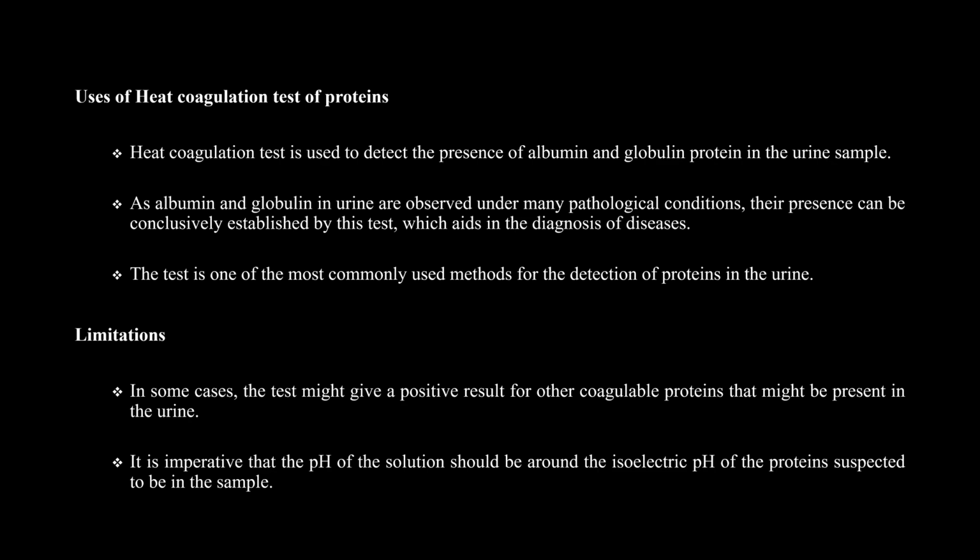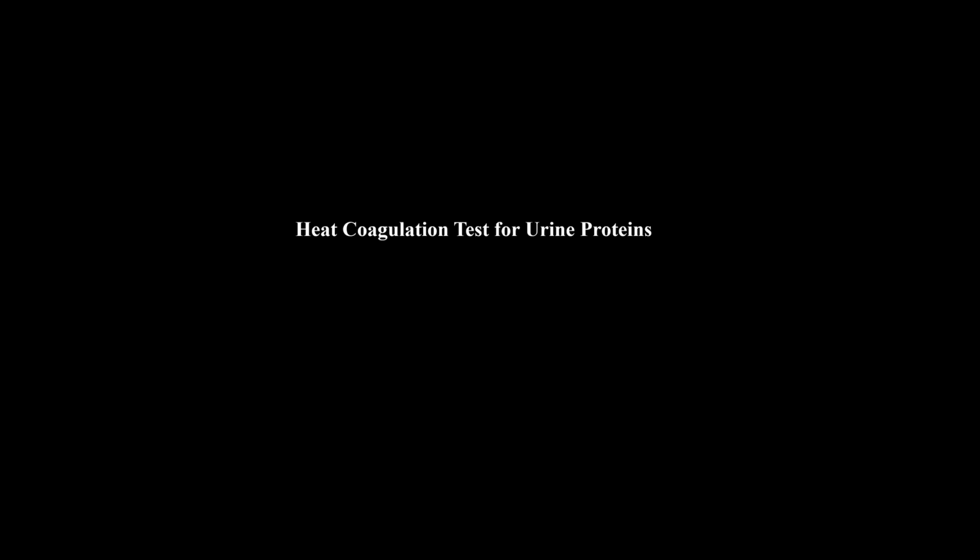It is limited, as it mainly detects coagulable protein that might be present in the urine. The pH of the solution should be around the isoelectric pH of the protein in the sample. Heat coagulation test for urine protein.